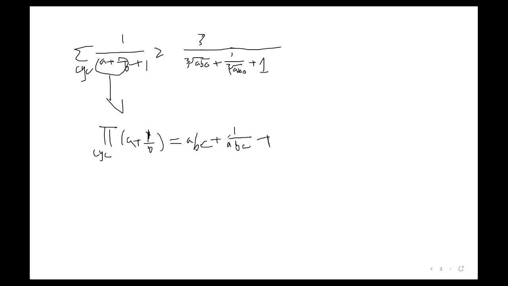And then the cyclic sum of the cyclic product of a plus 1 over b and its cyclic variants is equal to abc plus 1 over abc plus the sum of those quantities. It takes too long to write those again. Anyway, having observed that, we can just set x, y, z equal to those things.